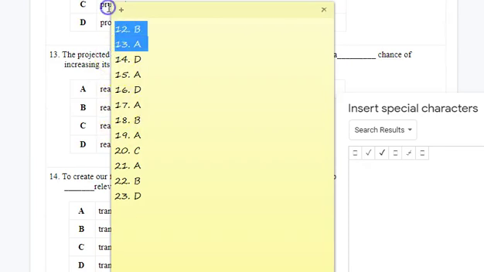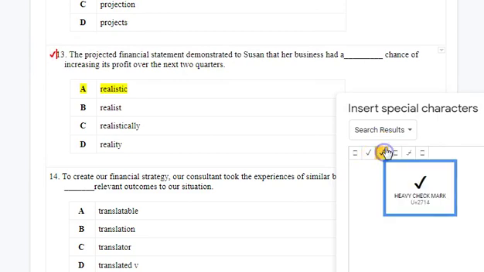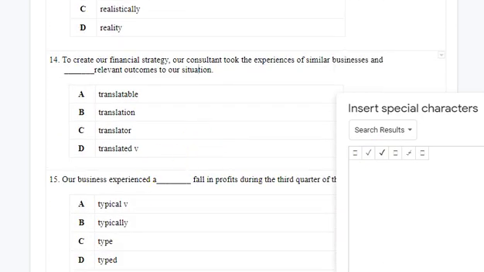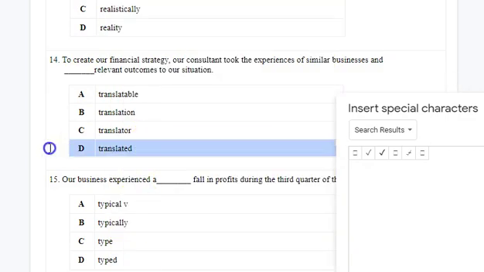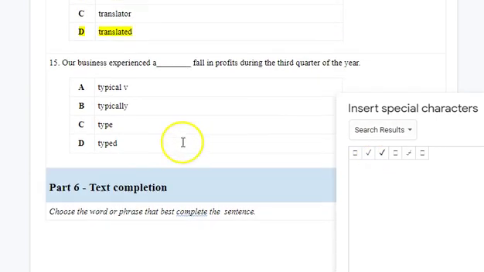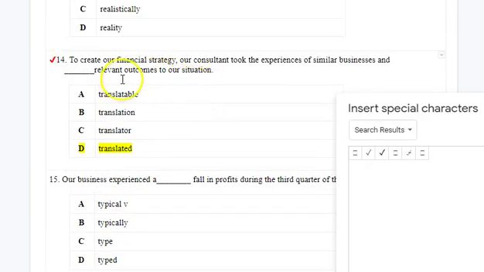The projected financial statement demonstrated to Susan that her business had a realistic chance of increasing its profit over the next 2 quarters. Okay, thank you so much. Number 14, kindly read. To create our financial strategy, our consultant took the experiences of similar businesses and translated relevant outcomes to our situation.